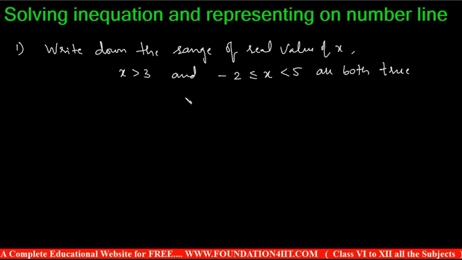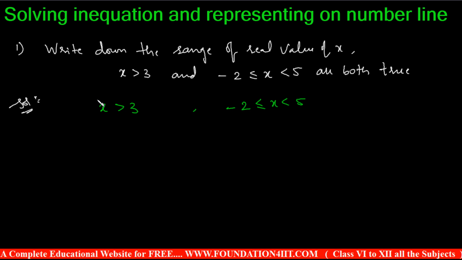To make these two inequations true, we should find the range of the real values. So within one graph, we need to find these two and find the common values. When we notice, the first one is x is greater than 3 and the other one is minus 2 less than or equal to x less than 5.